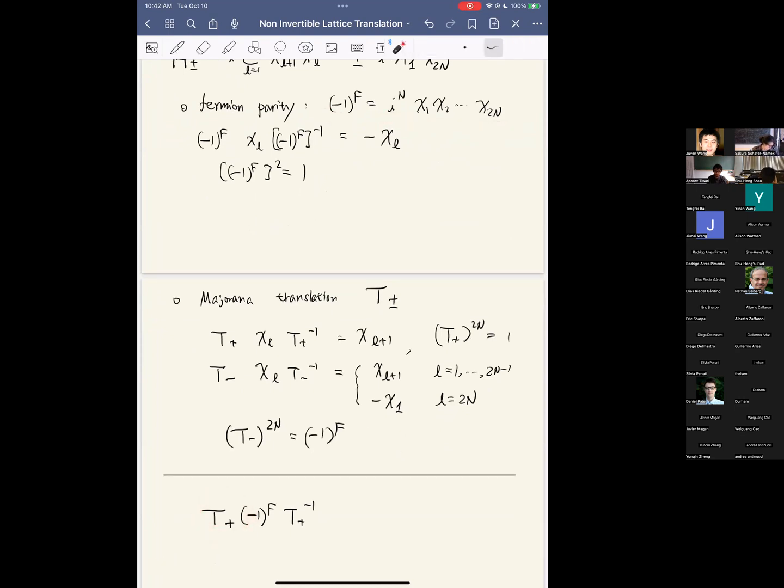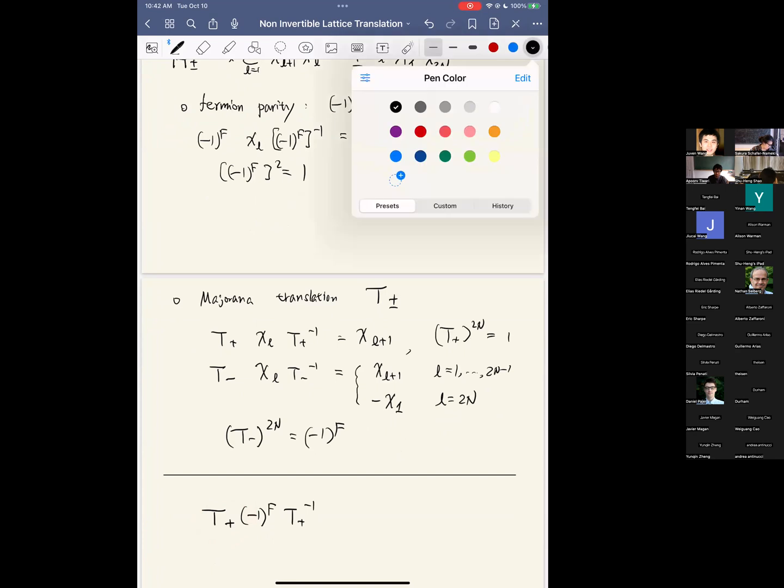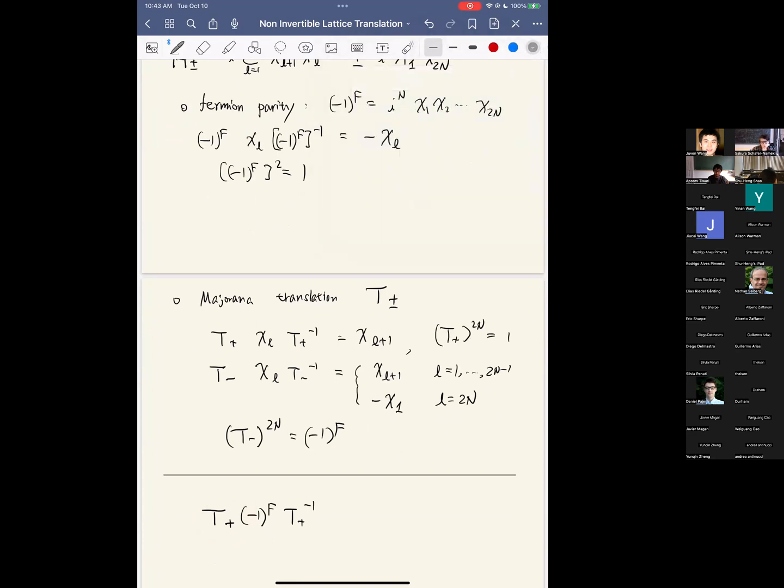What T plus does is to move all the chi's to the next site. So it becomes chi2, chi3, to chi2n, and then chi1. But then this is not quite the original (-1)^F.